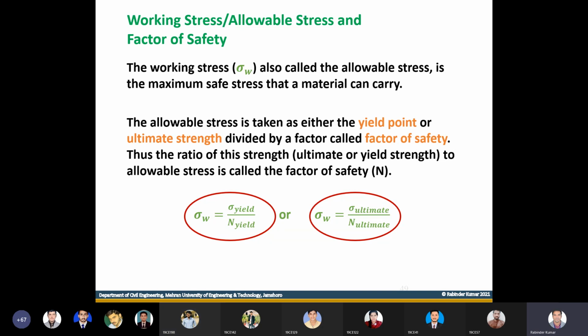Let me explain in simple words. For example, this is steel, and this is the yield point, say it is 50 KSI. We know that after 50 KSI it will start yielding.